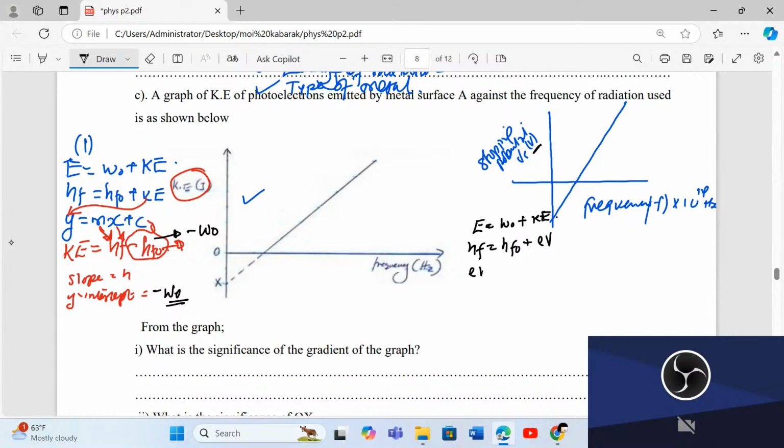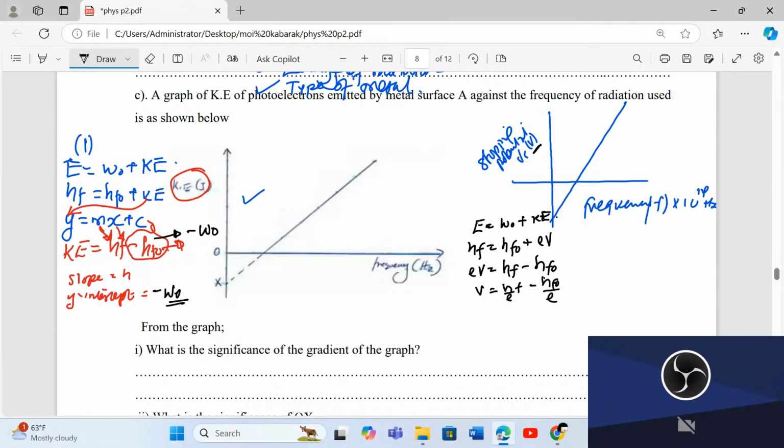Therefore, eV is the same as hf minus hf naught. V will be hf over e minus hf naught over e.